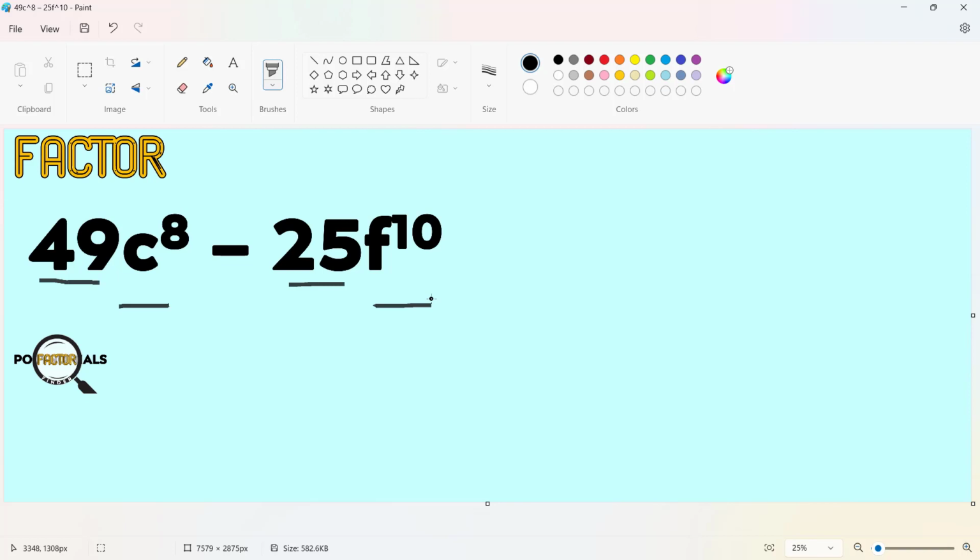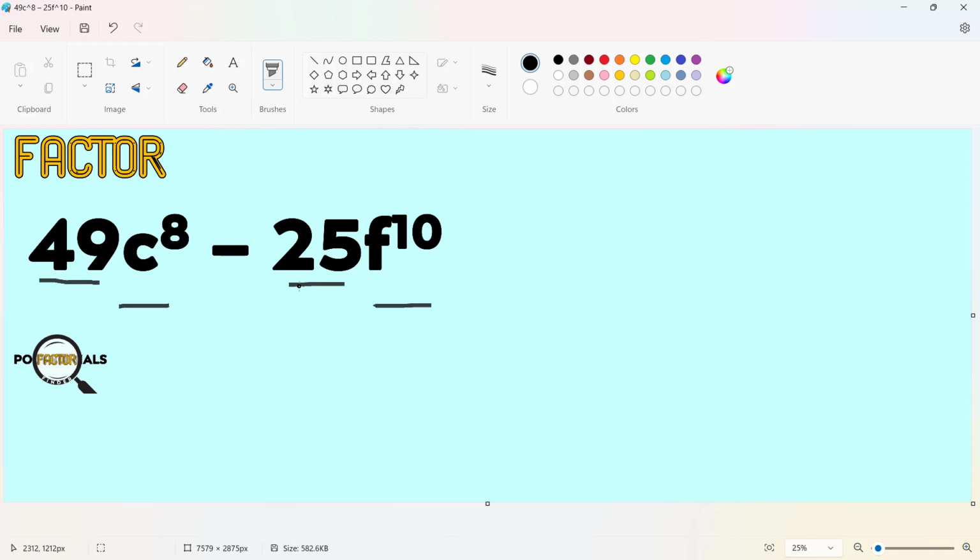So let's talk about difference of 2 squares first. 49, being the numerical coefficient of the first term, is a perfect square. It's not a perfect cube. In short, the second condition, difference of 2 cubes, is also disqualified. We are left with difference of 2 squares. 25 is also a perfect square, so both numerical coefficients fit that standard.